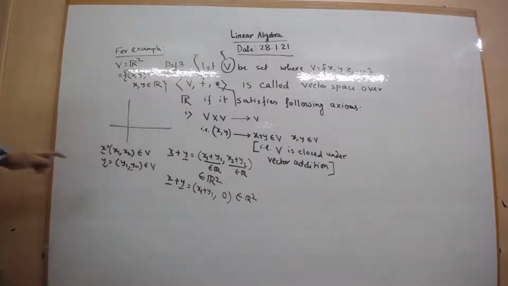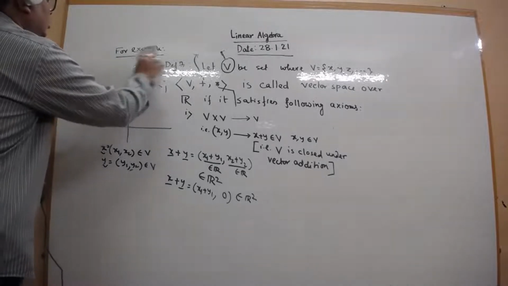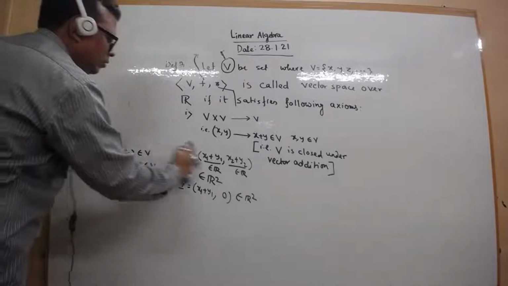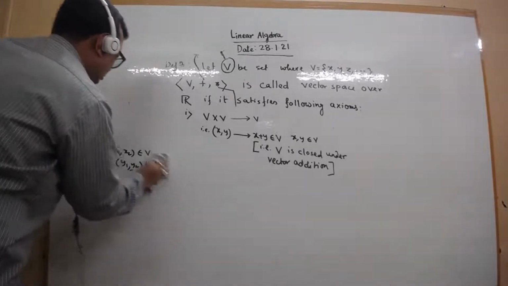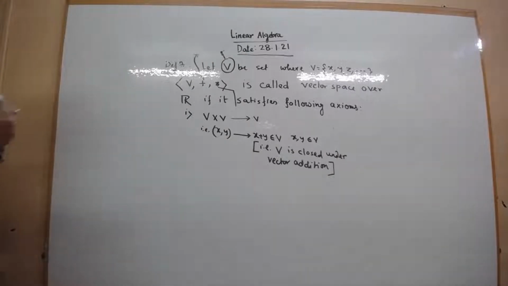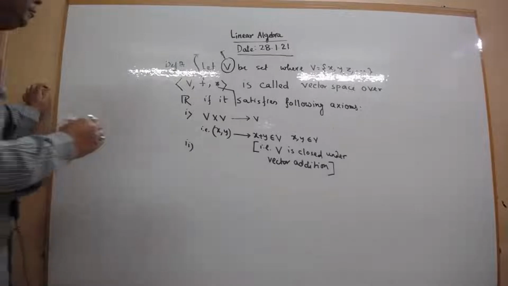So again, if you define addition as follows, then again it is closed under vector addition. Next, scalar multiplication.